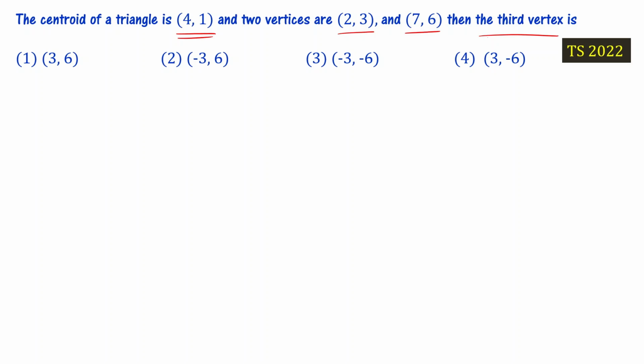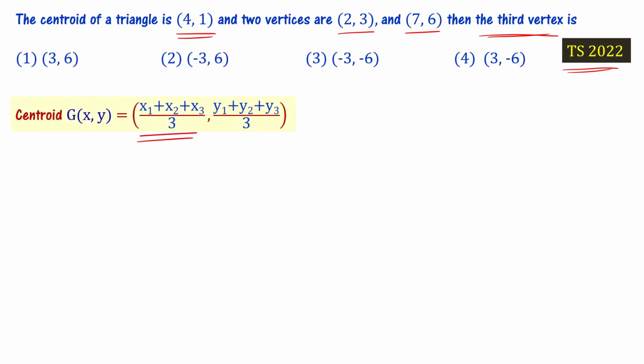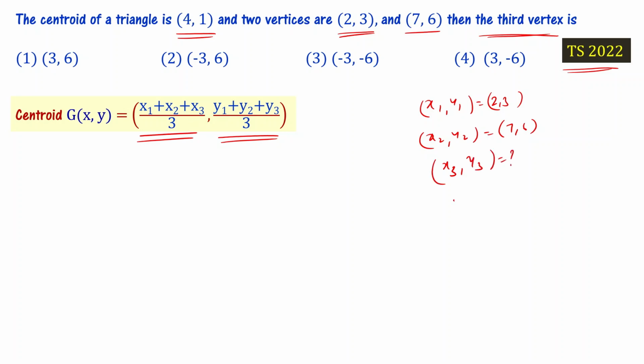Then what is the third vertex అని అడుగుతున్నారు. ఇది తెలంగాణ పాలిసెట్ 2022లో ఇచ్చిన ప్రాబ్లం. మనకి centroid of the triangle ఇచ్చేసారు. ఓకే, let's say centroid of the triangle is defined as x1 plus x2 plus x3 divided by 3 comma y1 plus y2 plus y3 divided by 3, right? మనకి x1 comma y1 అనేది 2 comma 3 అనుకుంటే x2 comma y2 equal to 7 comma 6 అనుకుంటే x3 comma y3 వాల్యూ మనకు తెలియదు, but what we have is x comma y, that is G, that is given as 4 comma 1, right?